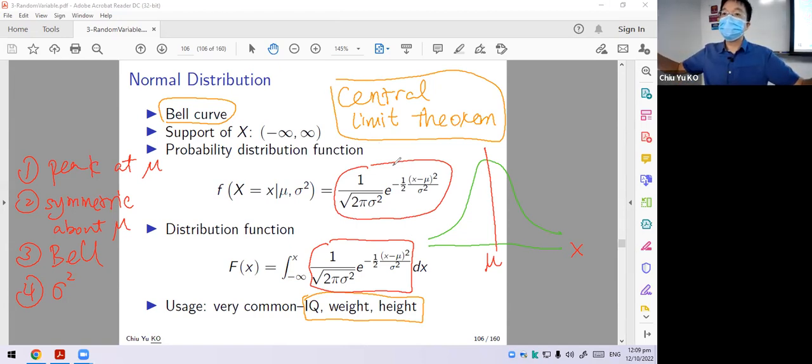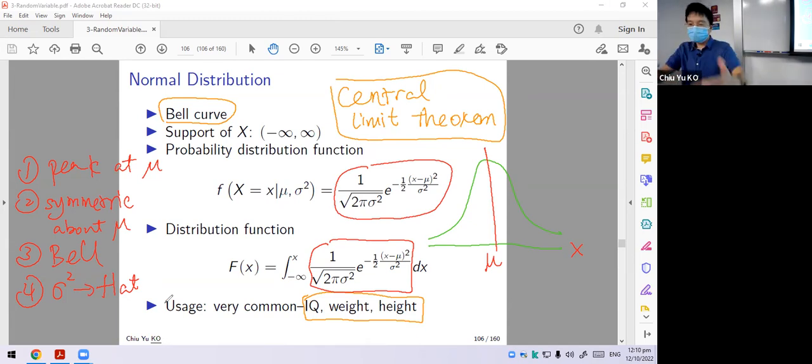So we can make it flat. If you change the mu, we just move the location. So mu is moving the location, and sigma is making it thin or fat, or tall or short if you like, because thin and fat and tall and short are related.